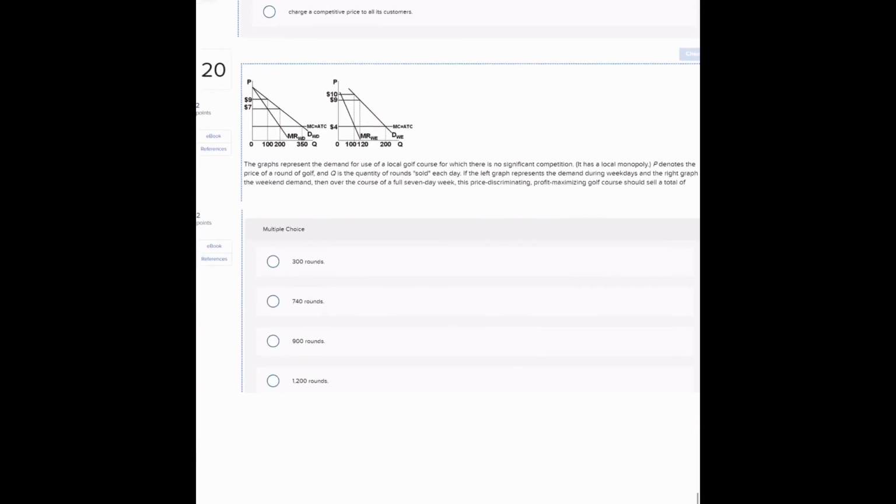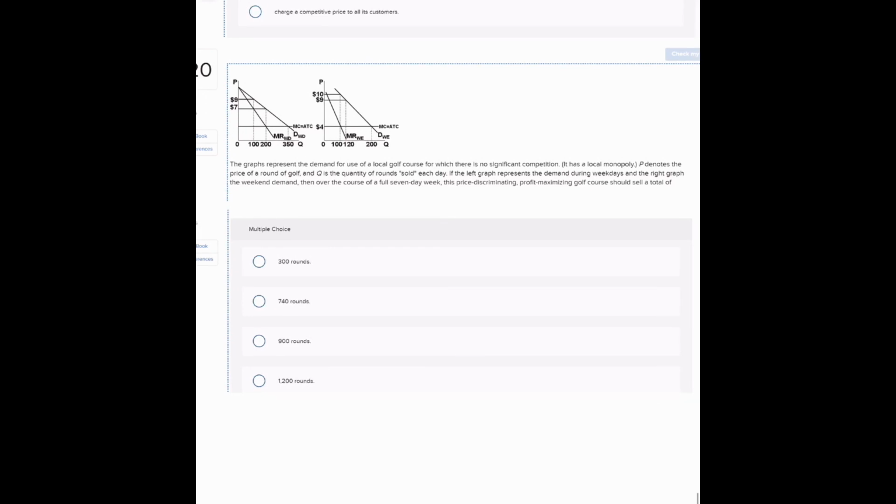And number 20, our last one, the graphs represent the demand for the use of a local golf course, which has no significant competition. It has a local monopoly, so a geographical monopoly. P denotes the price of a round of golf, and Q is the quantity of rounds sold each day.